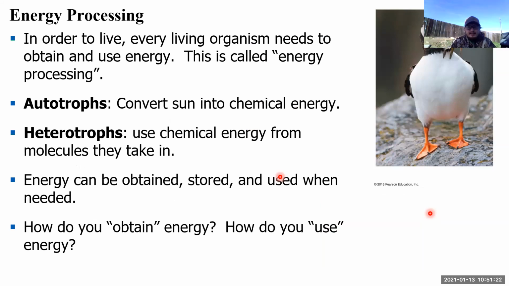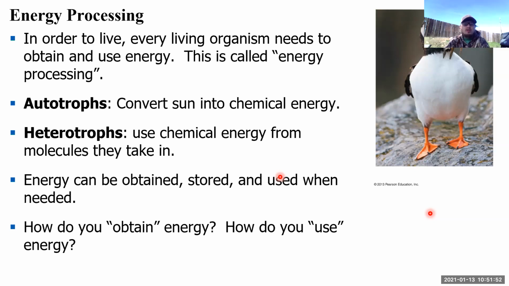Another characteristic that you need to be familiar with is energy processing. Energy processing is basically organisms take in organic molecules or make their own organic molecules that will be used for energy. Autotrophs, which are things like plants, will convert solar radiation into chemical energy through the process of photosynthesis.